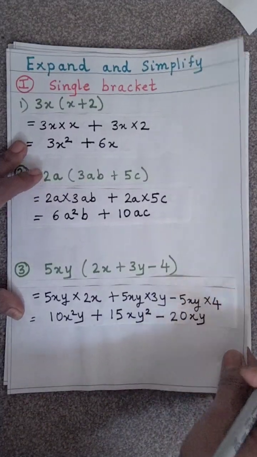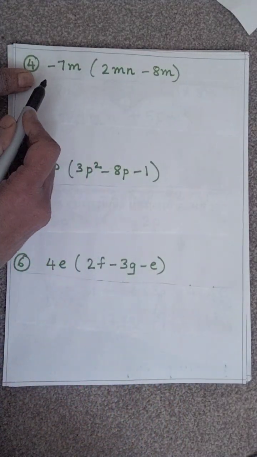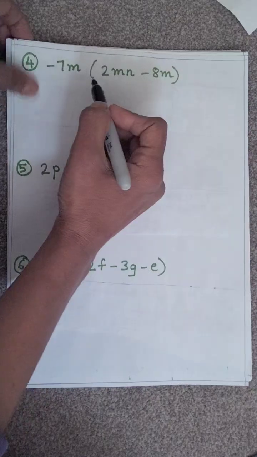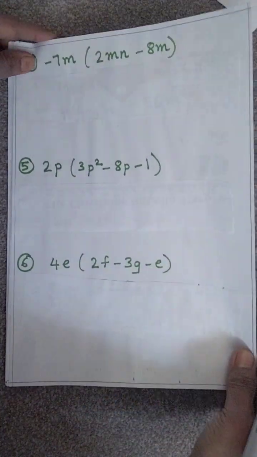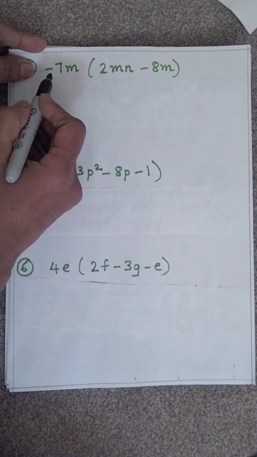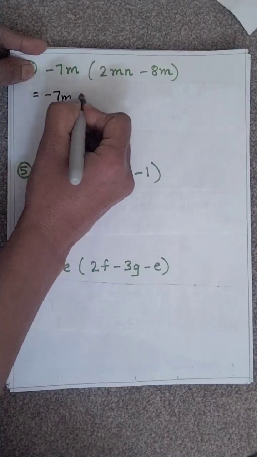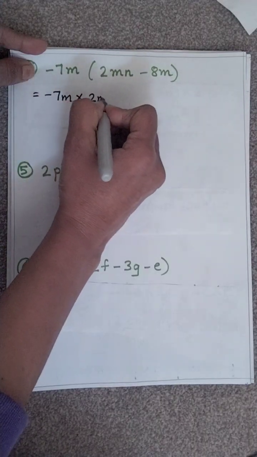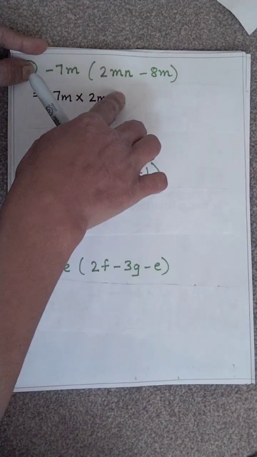Okay, now another example. It is minus 7m times bracket 2mn minus 8m. So we just open the bracket. So minus 7m times 2mn.